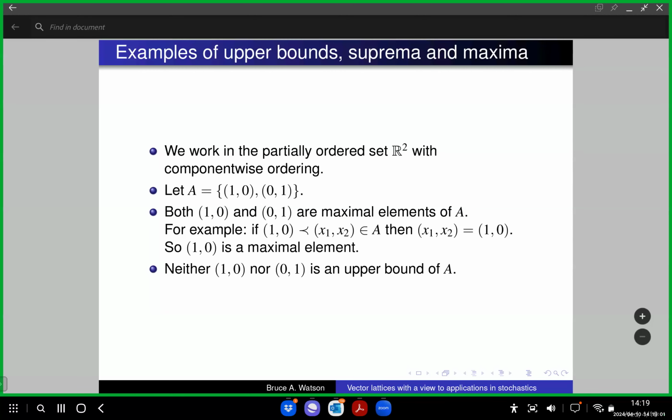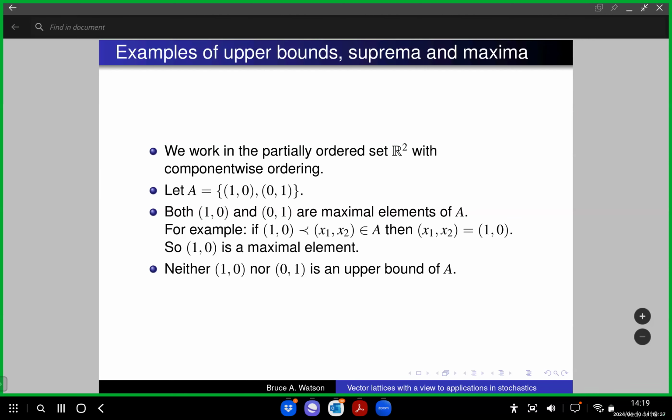We're going to show that one of them is. If I take the vector (1, 0) and require that (1, 0) is a predecessor of the vector (x1, x2), where (x1, x2) comes from A, then x1 has to be greater than or equal to 1, and x2 has to be greater than or equal to 0. But the only way I can get x1 to be greater than or equal to 1 for (x1, x2) in A is by setting x1 equal to 1.